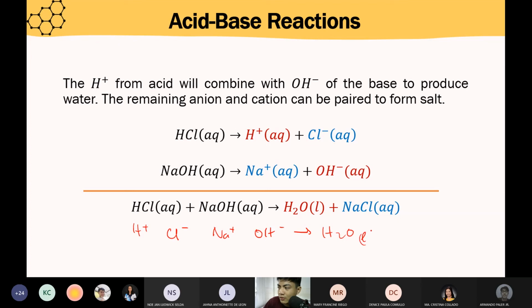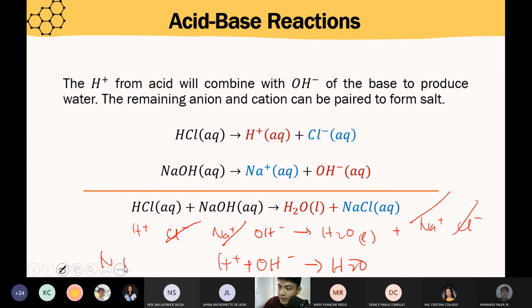So you write H2O, and the NaCl will be written as Na plus, Cl minus, kasi aqueous yun. So you can see, you can cancel out this, and ang matitira ay H plus, OH minus, H2O. So this is the net ionic equation of acid-base reaction.